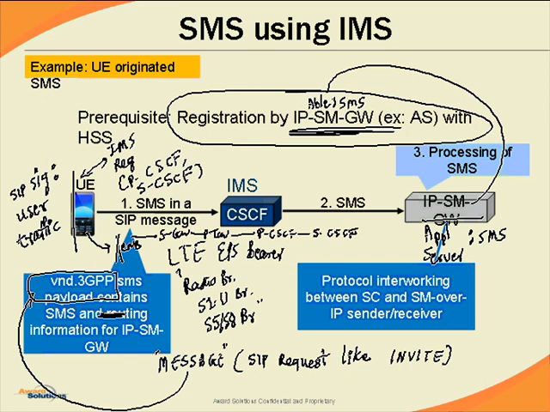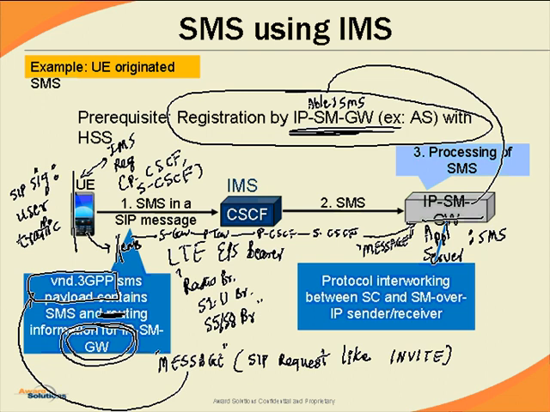So now it has reached the serving call session control function. Then we look at the destination. Okay, here is the destination of that message: the IP short message gateway. So the serving CSCF forwards that SIP message to the IP short message gateway.